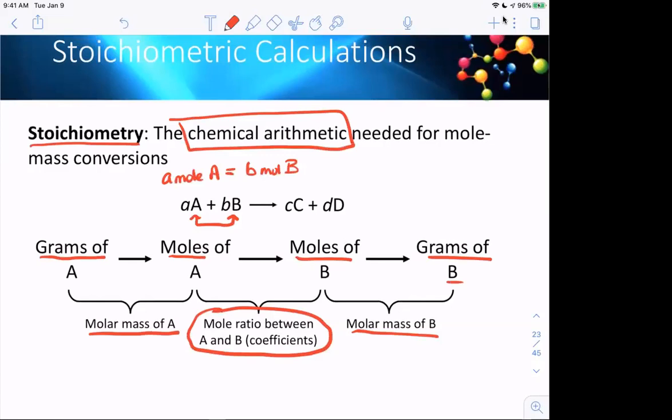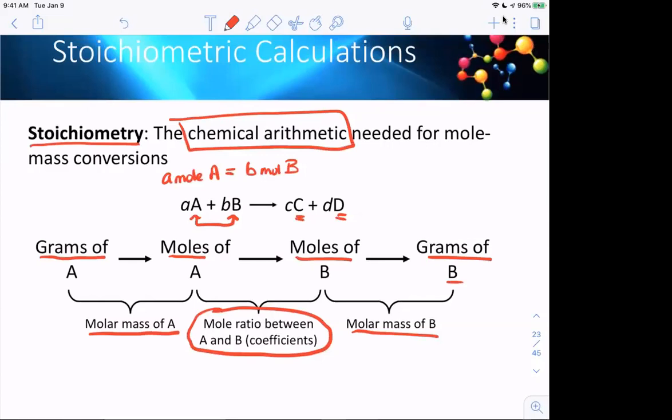So by doing this, let's say I have a specific amount of A that I want to use in my chemical reaction. I can also calculate, based on that amount of A, how much B I need to use in this reaction. Remember, these chemical reactions are occurring on that microscopic level, so molecules of A are reacting with molecules of B. Using the same method, I can calculate the amount of C and D that I could produce if I used a given amount of A. So this is very powerful in chemistry.